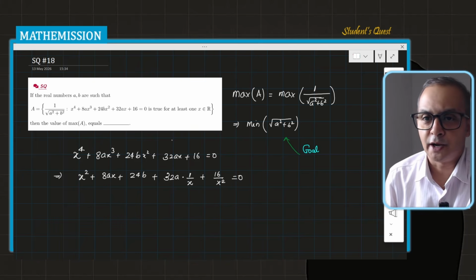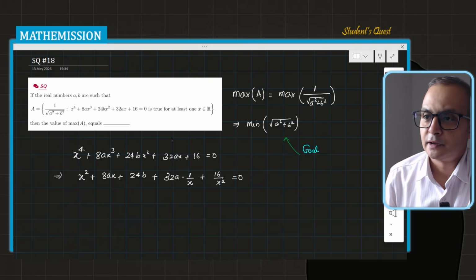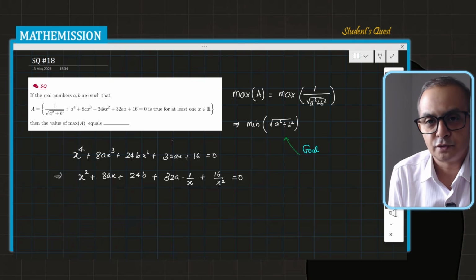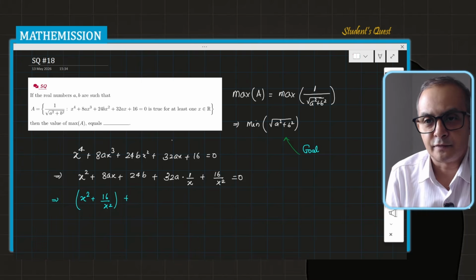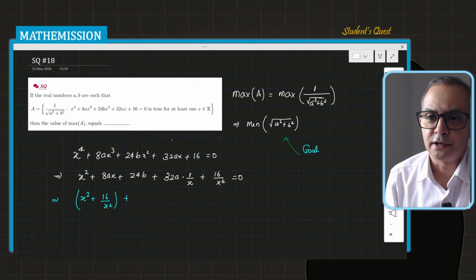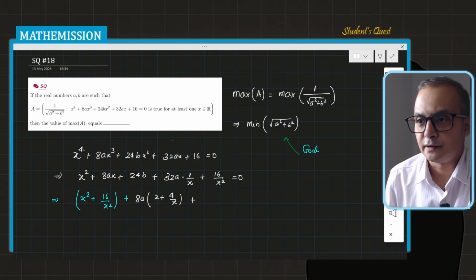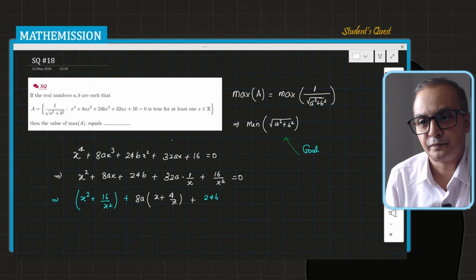Now I am taking x squared and 16 by x squared together, which gives x squared plus 16 by x squared. From the two terms 8a x and 32a by x, I'm taking 8a common, which gives x plus 4 by x, and 24b I am just keeping alone.